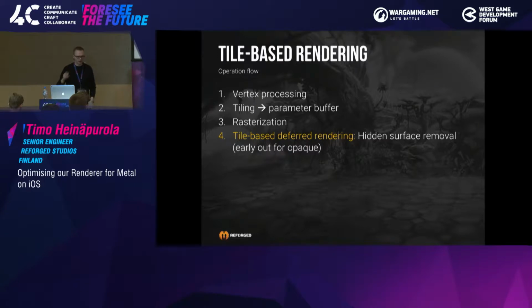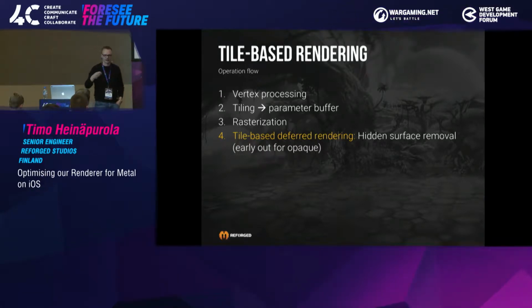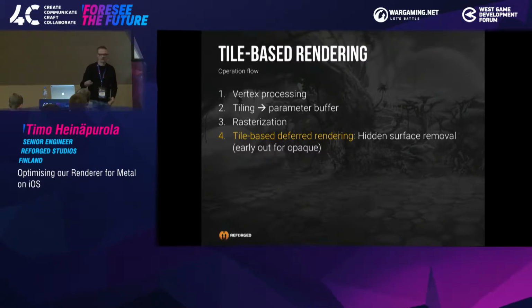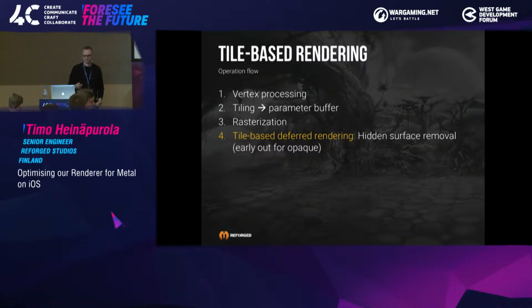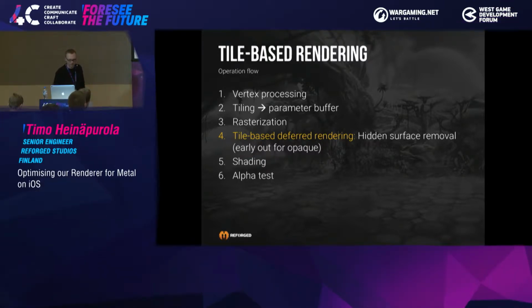That's why it's so important to render opaque geometry first, because it can do an implicit Z pass and use the Z value to determine if a fragment needs to be shaded. At the point you start rendering alpha-blended and alpha-tested geometry, this all breaks. So then we do the shading on all the fragments, alpha testing, and of course alpha blending.